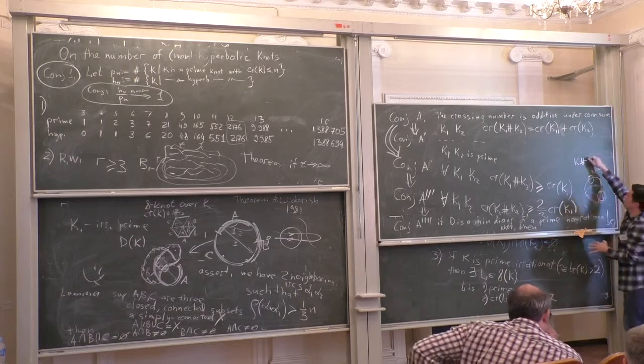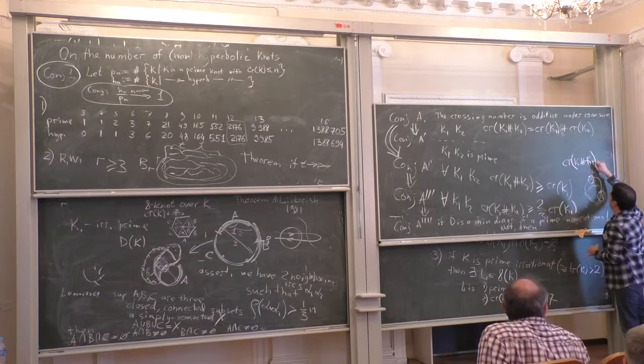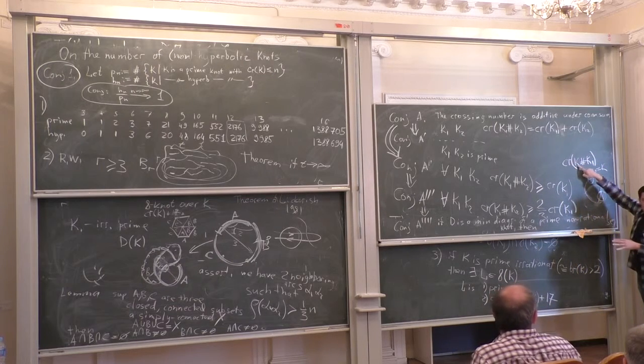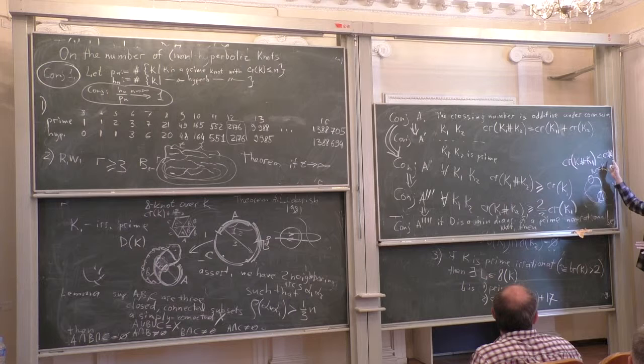So the number of crossings of the initial K and something else is less than the number of crossings of K, but it's a minimal diagram, so it's impossible.